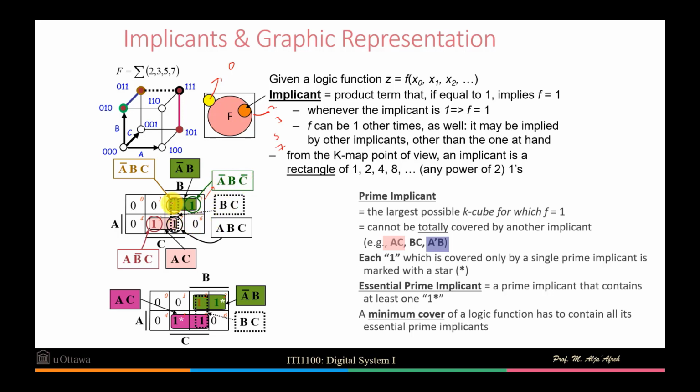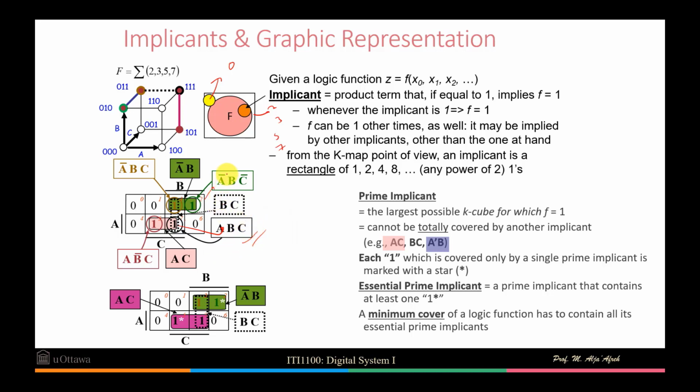And this 3 can be written as A prime, B, C. And this one is equal to A, B prime, C. And this one is equal to A, B, C, because that is 7. So 7 is all of the variables at the true states, and it's a product. Sum of products, okay? A, B, C, okay?